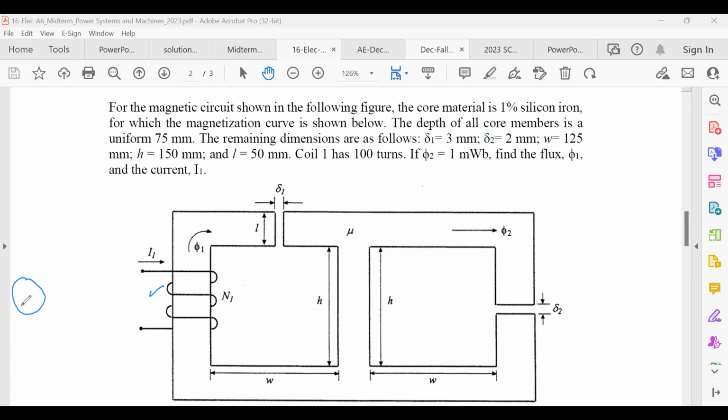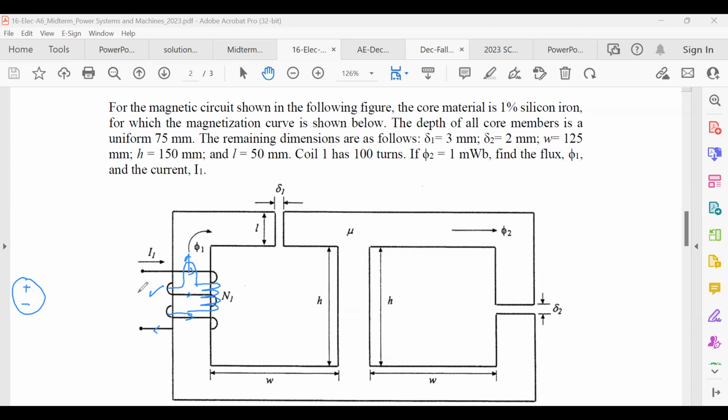How do we put the polarity, positive and negative, based on the right-hand rule? They already gave the direction of the current. Use your right hand, with your fingers along the current direction, and your thumb shows the direction of the flux. So you know this one is positive and this one is negative. This is the source.